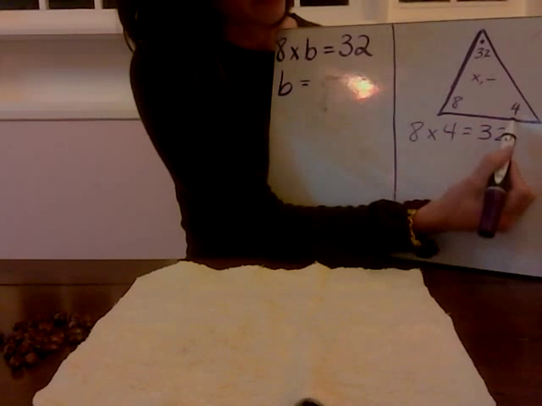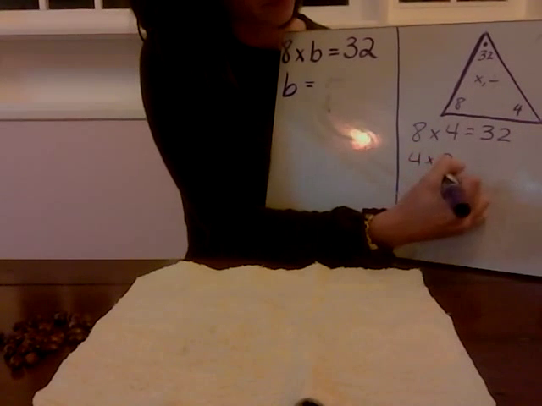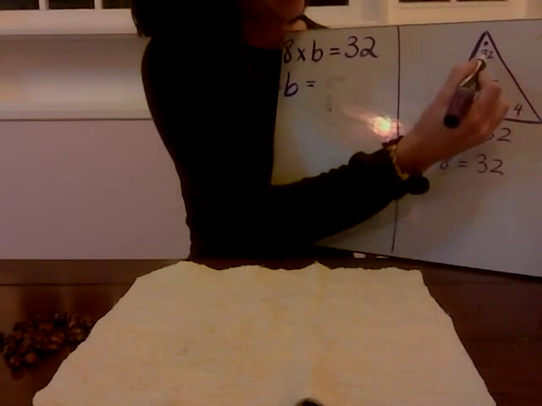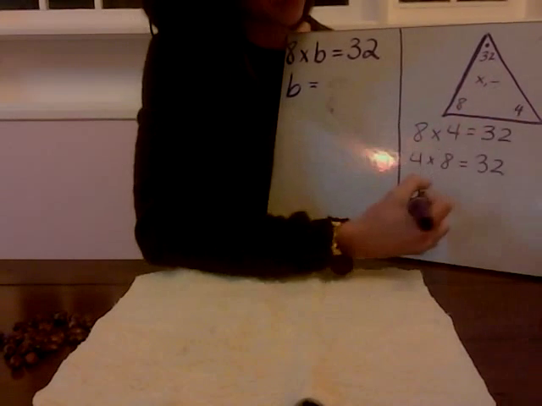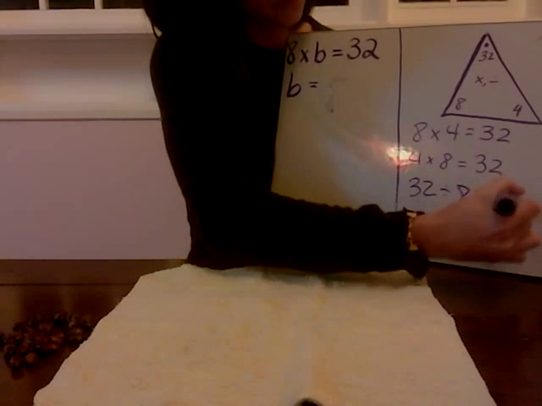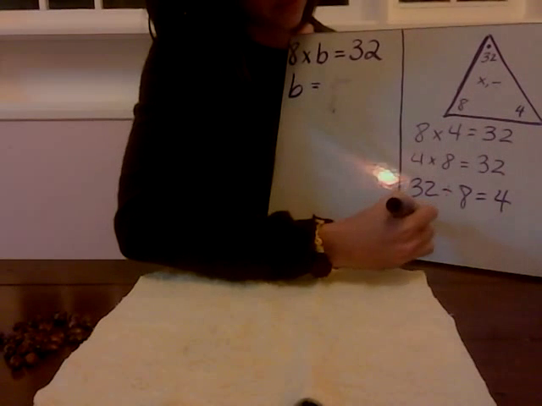I also know that 4 times 8 is 32. I know that 32 divided by 8 is 4, and that 32 divided by 4 is 8.